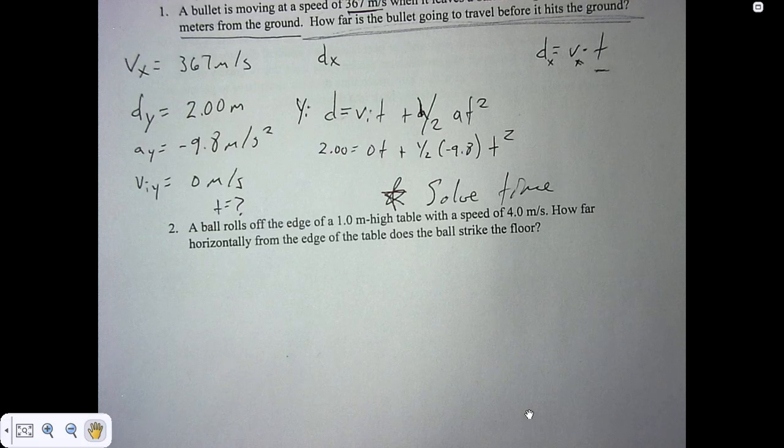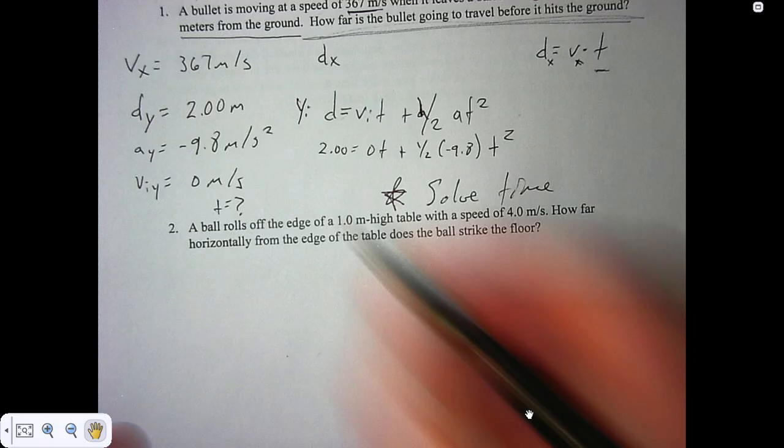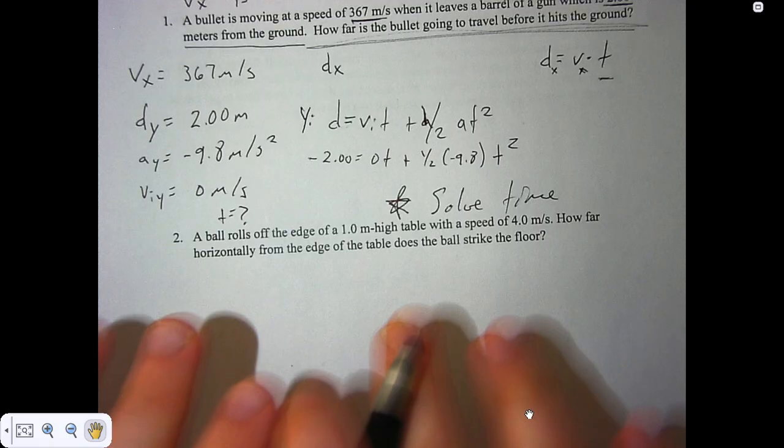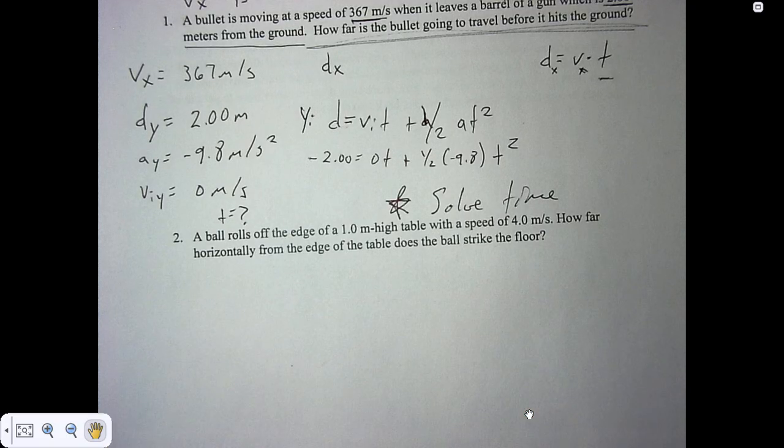So we can assume both of them are in the same direction, thus both of them are negative, or both of them are positive. You choose. But the negative in this scenario does not have an effect. It's just telling us the direction it's going.